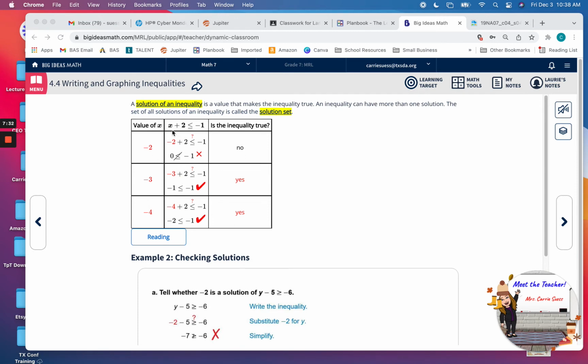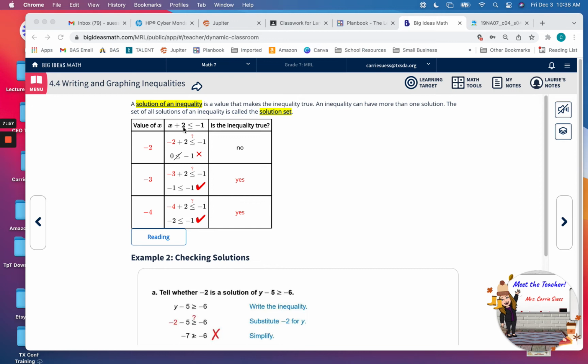They wanted to know, here's my inequality, x plus 2 is less than or equal to negative 1. They wanted to know what values of x would make this a true statement. So if I plug in a negative 2 where the x is, negative 2 plus 2 is what? Listen, don't just read.